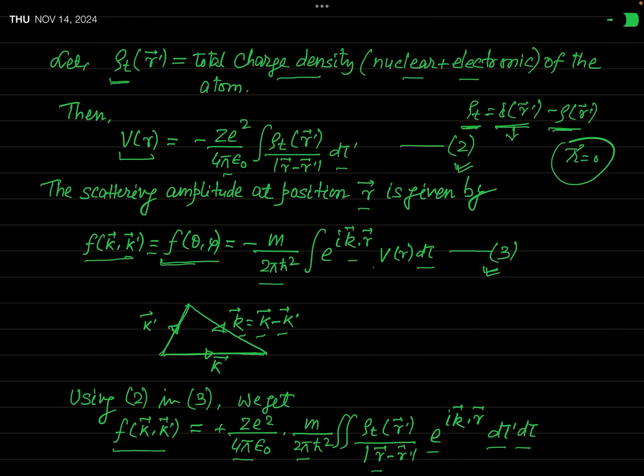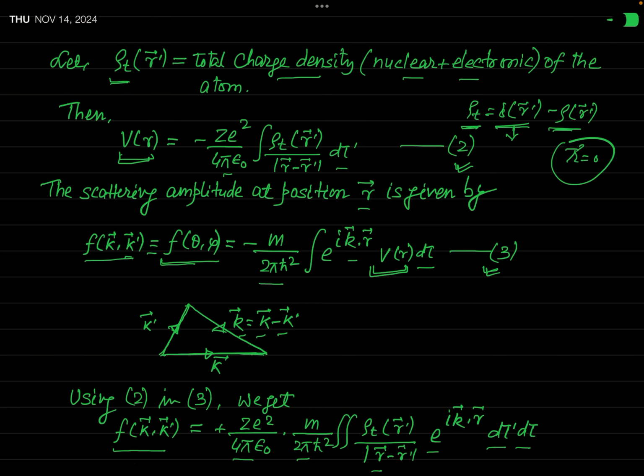Actually here, the V of r present in equation 3 has been replaced by the value of V of r defined in equation 2. So after substituting that value of V of r, we get this result.